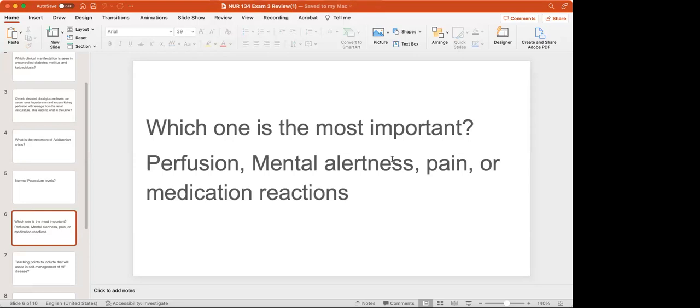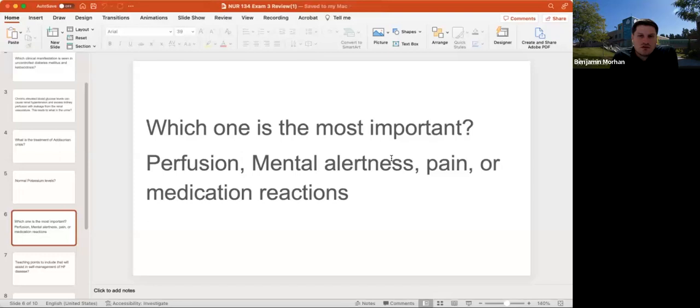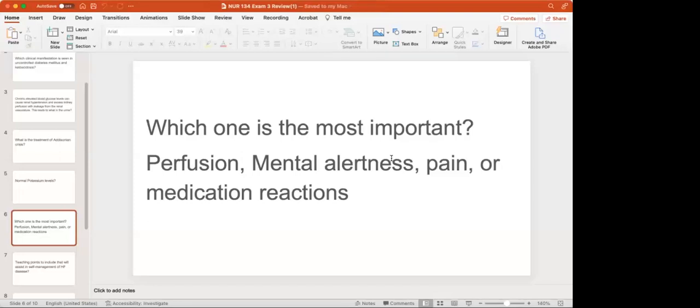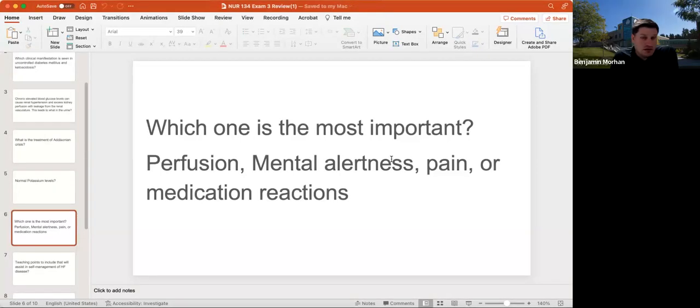Where do we want normal MAP? 60 or 65, but 60 they'll satisfy for. I would prefer 70 to 110 for my patients, but you might get away with above 65.